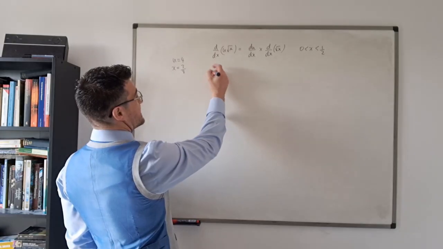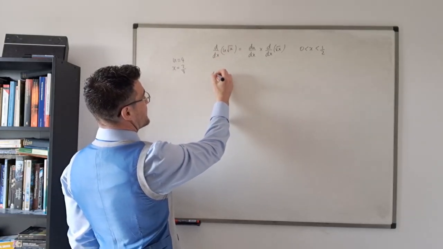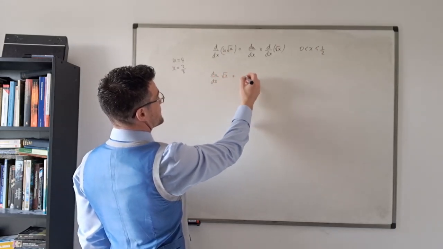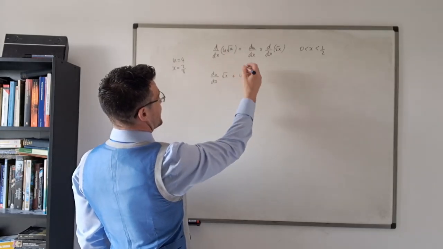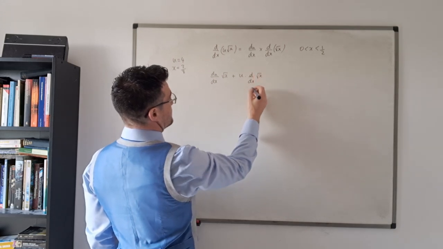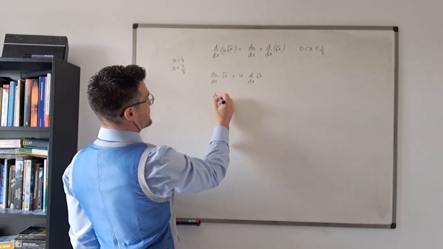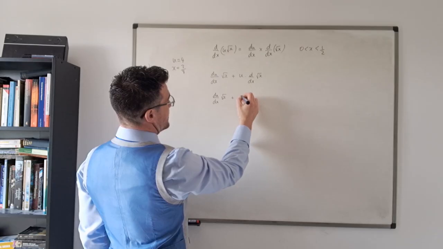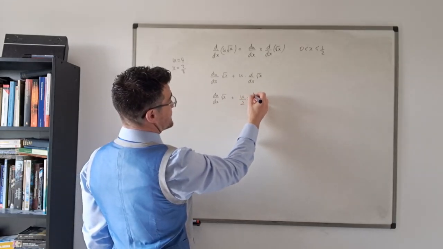So what do we get? This is going to be equal to du by dx times the square root of x plus u times d by dx of the square root of x, which of course is equal to du by dx times the square root of x plus u over 2 x to the power of minus a half.